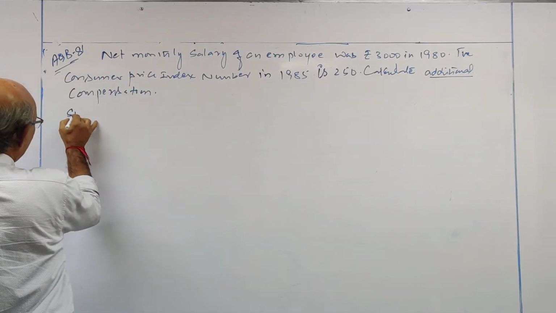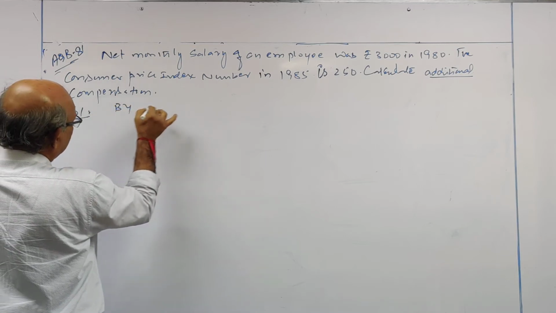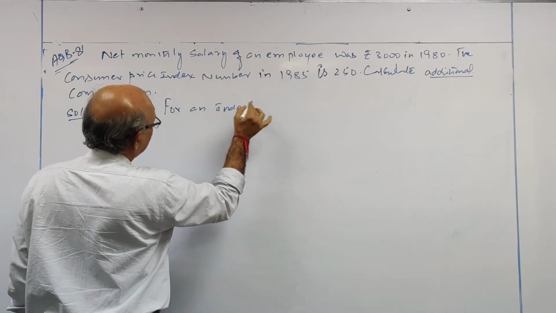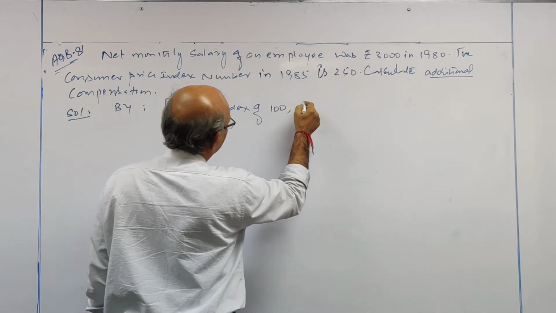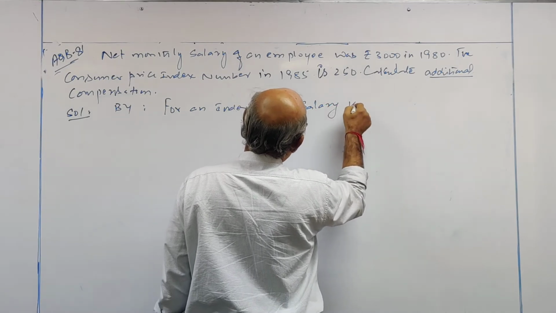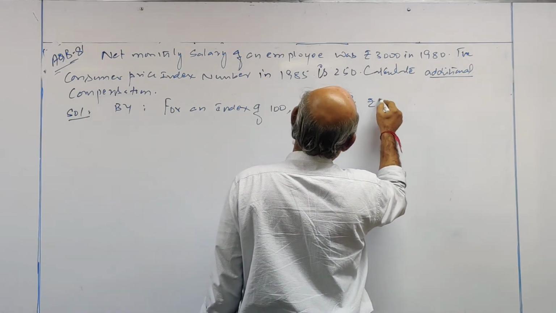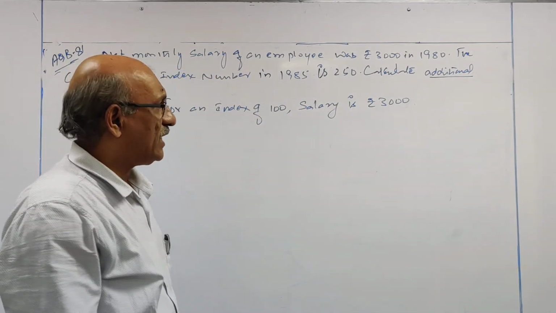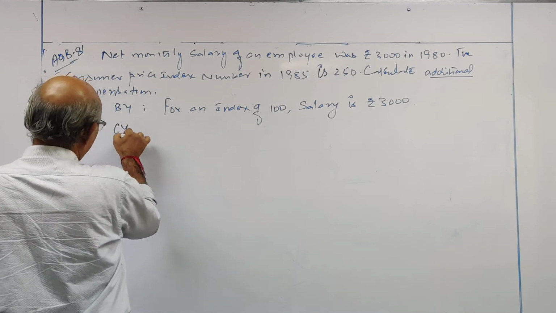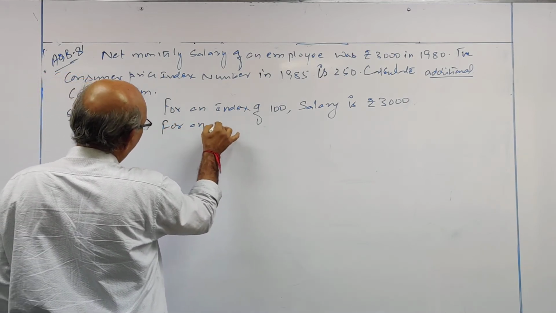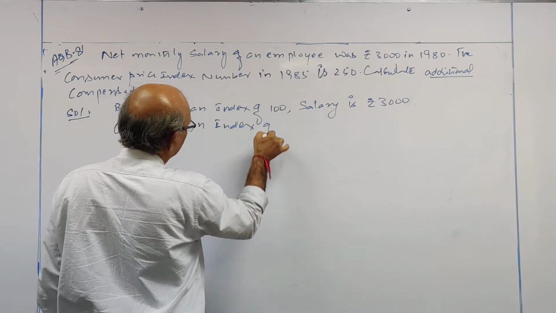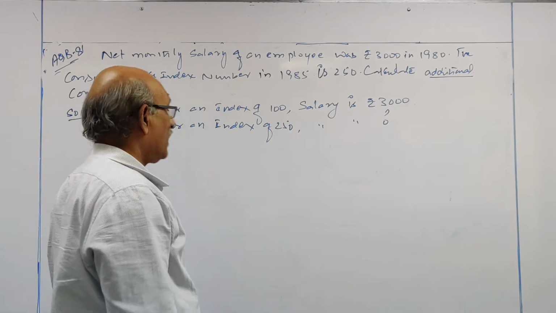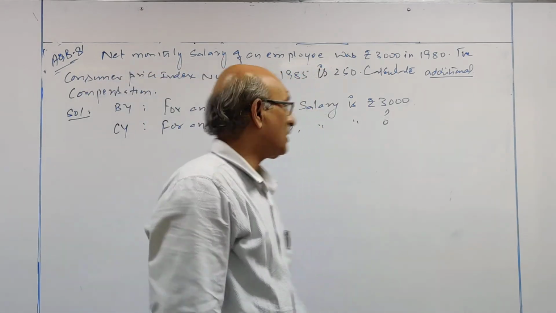So look at this solution. Base year: for an index of 100, salary is rupees 3000. For an index of 250, salary is question mark.